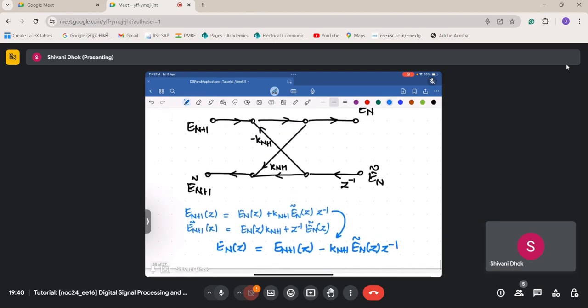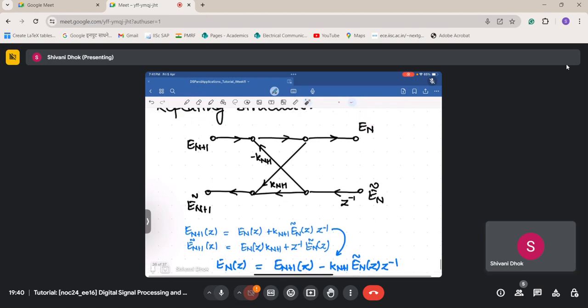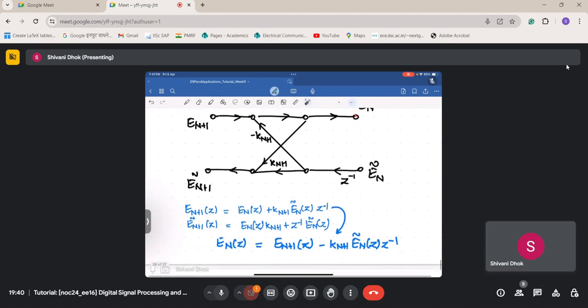Now look at this e_n. This e_n should be equal to e_{n+1}, so this is e_{n+1} here, and minus k_{n+1} into the e_n tilde coming here. e_n tilde gets multiplied by z inverse.